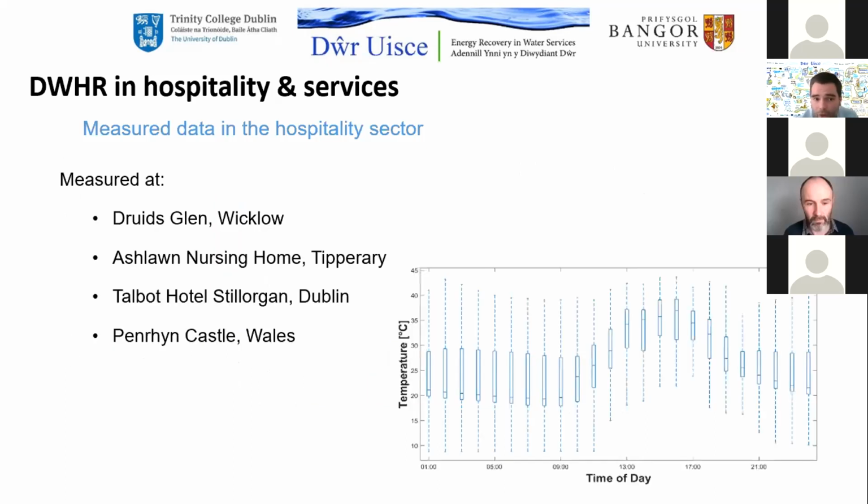Then we also looked at the temperature of the drain water in different places, so in kitchens of nursing homes, leisure centers, hotels across Wales and Ireland. And we see that we have peaks of up to around just under 40 degrees of temperature in the early afternoon. And so the idea is to reduce that temperature, to extract the heat and thus reduce that temperature as well.